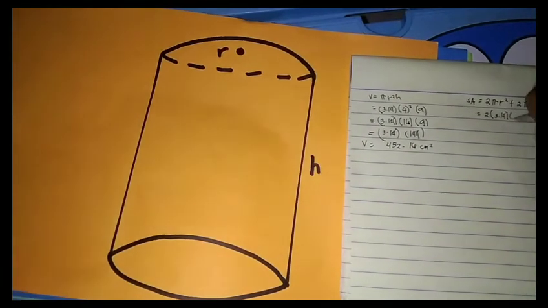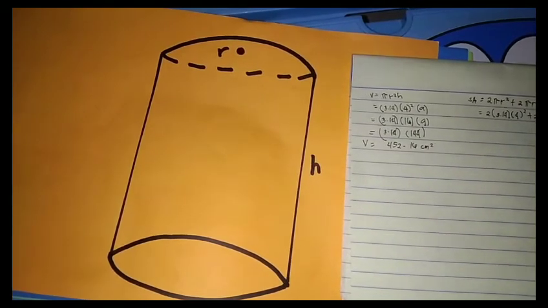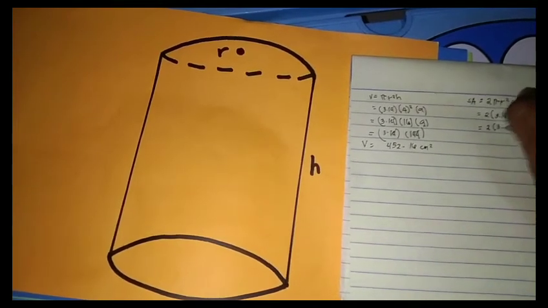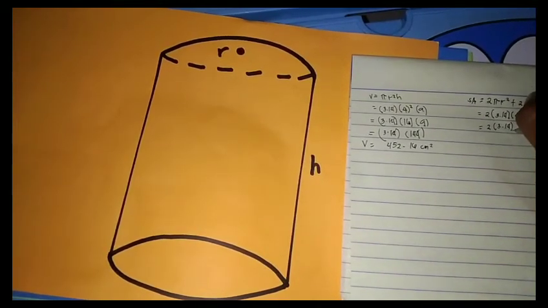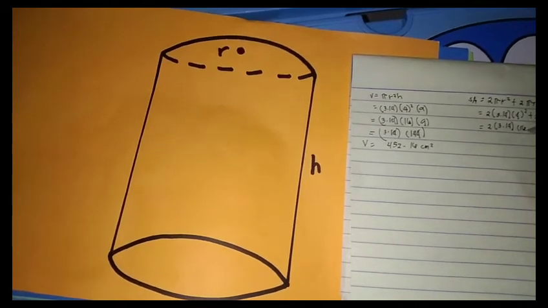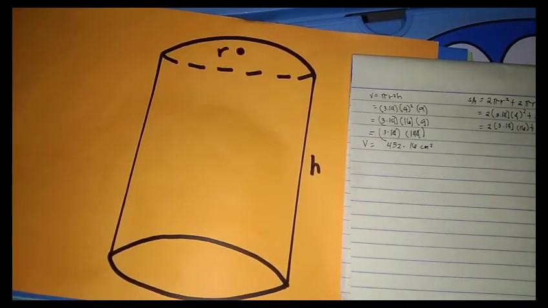The value of radius is 4 squared plus 2, 3.14 multiplied by 4 times 9. Copy the 2, the 3.14, and the square of 4 is 16, plus 2. Copy the 3.14, multiply 4 and 9 to get the value of 36.